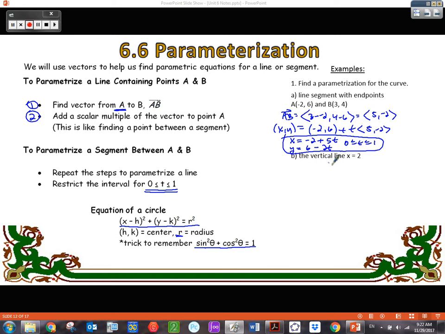On the next one, we want to parametrize the vertical line x equals 2. We're not given points. So here's what I encourage us to do. Let's look at this. So we have a line. Okay, so we're looking at this line. So here's the points that I encourage you to choose. Do you have to choose these points? No, but I encourage us to, to be standardized.